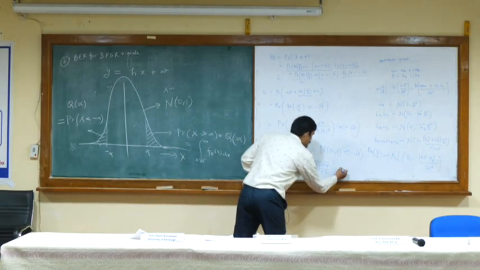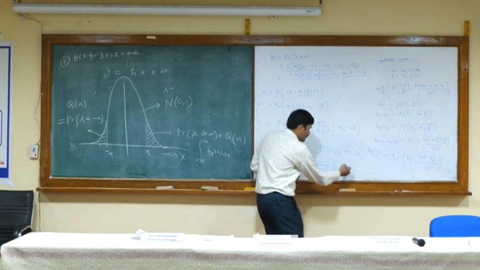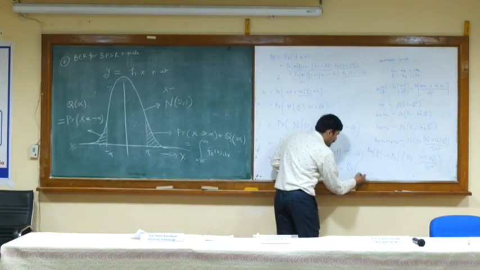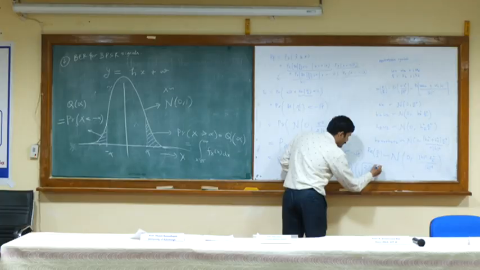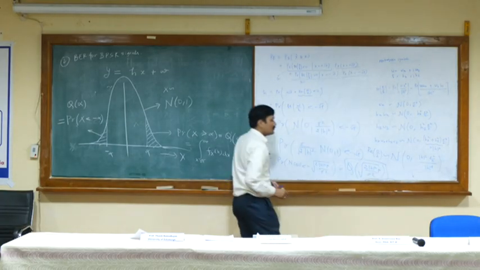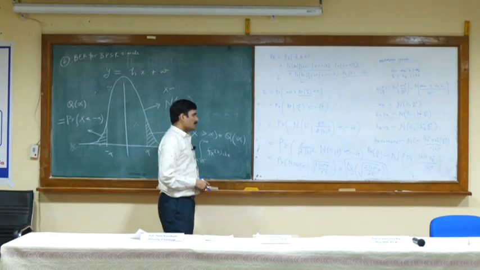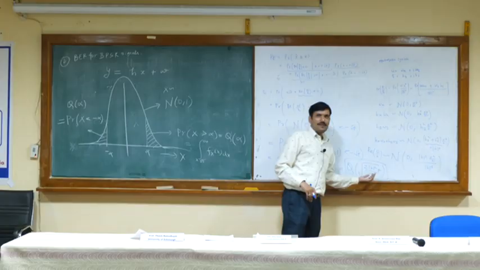Now the same thing here, I can write as the Q function. So this value will be Q of square root of 2 H square divided by sigma square into P. P by sigma square is what? SNR here. Why SNR?